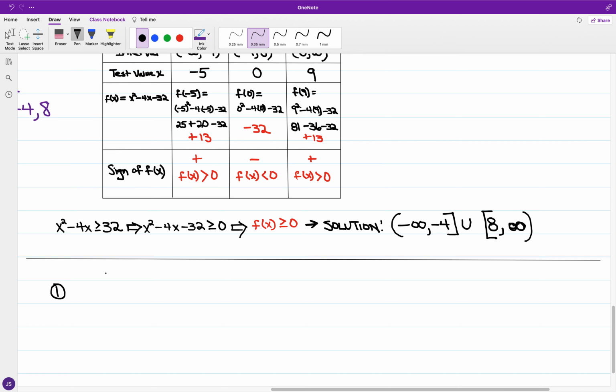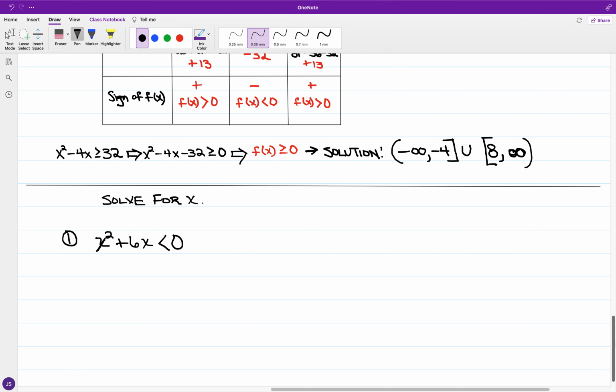And let's say you're looking at solving for x, and we'll say that we have x squared plus 6x is less than 0. So you have x squared plus 6x is less than 0.